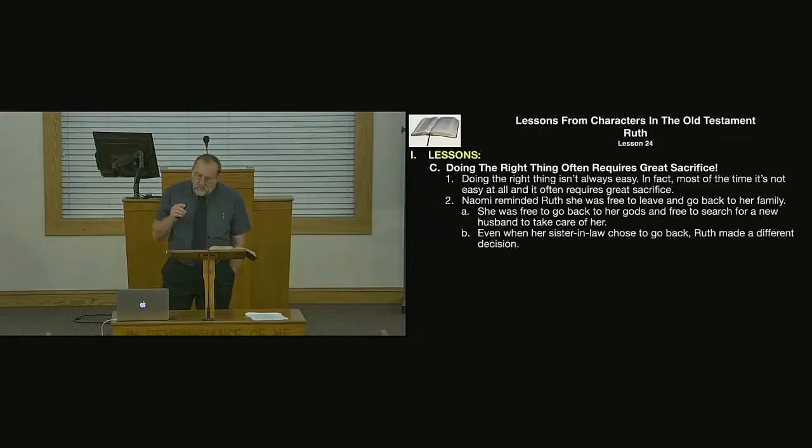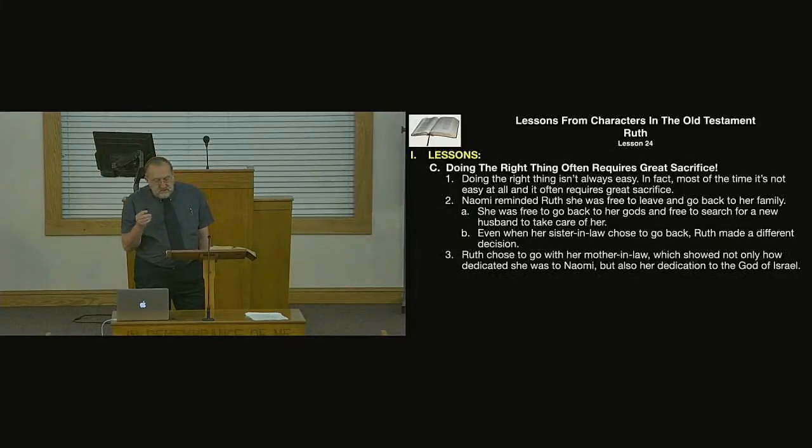And even when Ruth's sister-in-law does choose to go back to Moab, Ruth makes a different decision. Ruth chooses to go with her mother-in-law. And what that shows is not only how dedicated Ruth was to Naomi, but also her dedication to the God of Israel.